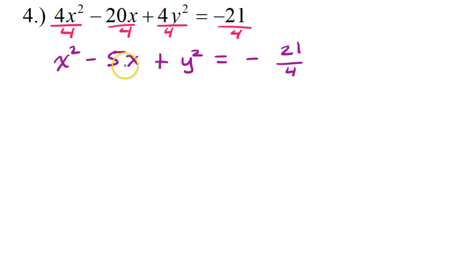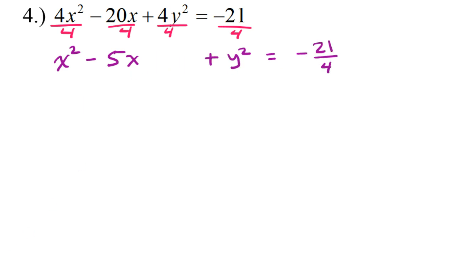So at least the x's are already next to each other. So I'm going to complete the square here. So I've got x squared minus 5x. I just need to leave a space. In fact, I think I'll just move this over. Okay, now I need to complete the square right here. This is going to give me more fractions because I need to do half of the middle.